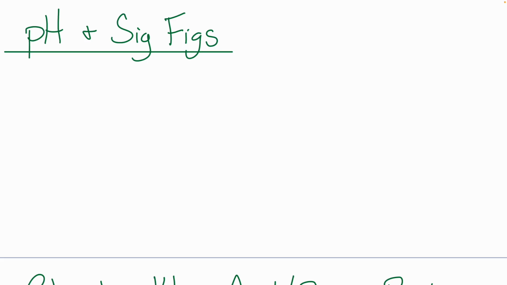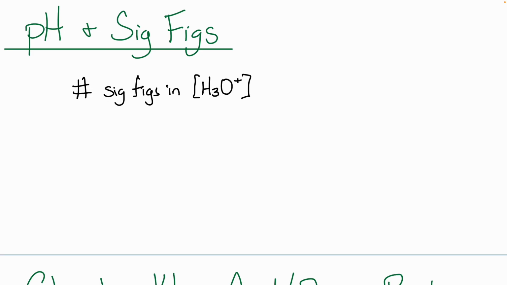Honestly, it's not that bad. It's more just a pain in the butt that we have yet another rule to know, but the rule itself isn't too terribly crazy. The rule is that the number of significant figures in our concentration of hydronium is going to equal the number of decimal places in our pH.